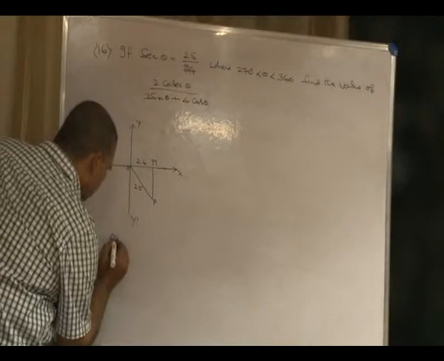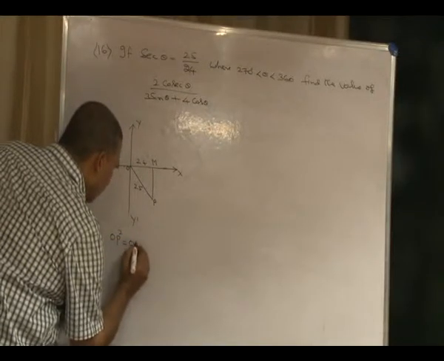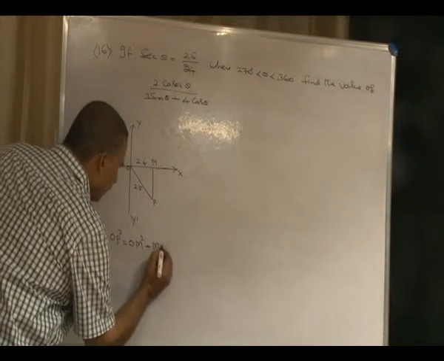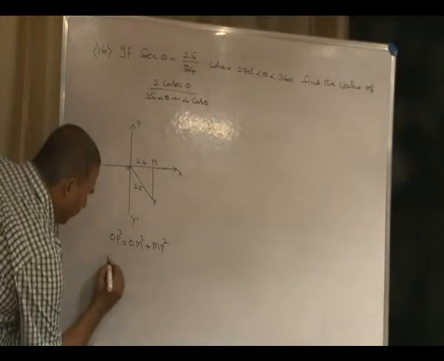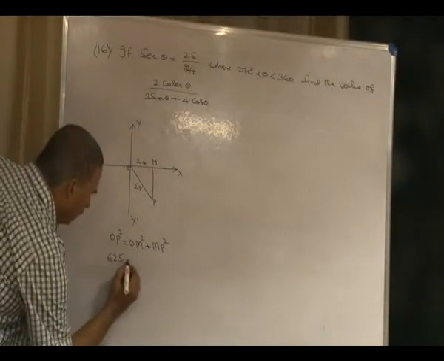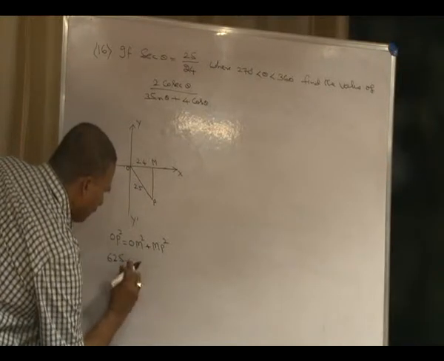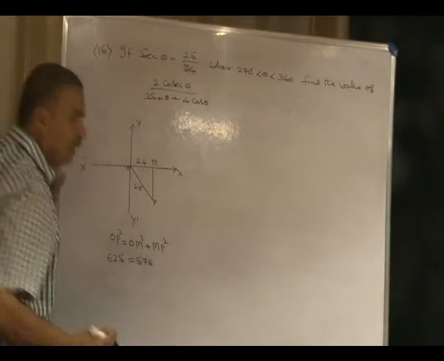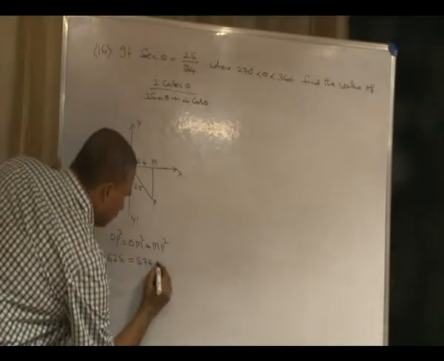the hypotenuse is OP, so OP square equals OM square plus MP square. OP is 25, 25 square is 625. OM is 24, 24 square is 576, plus MP square.